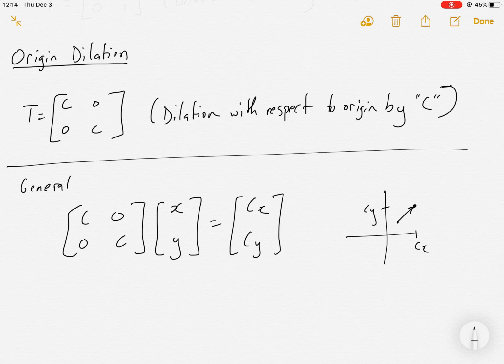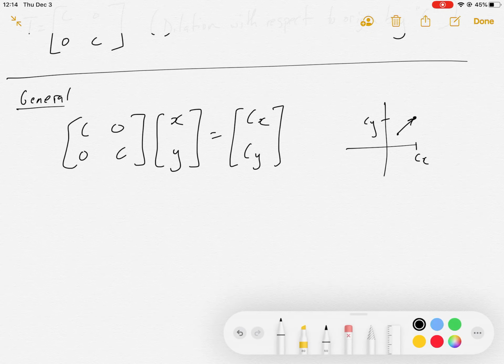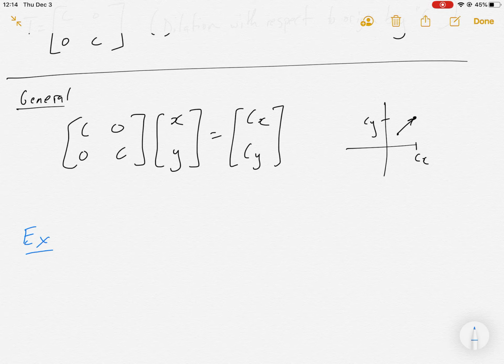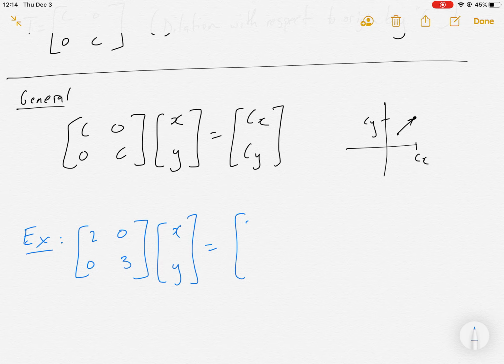You could also do combinations of this. So for example, you could say, let's do 2, 0, 0, 3 times a point. And now the x value only gets stretched by 2, whereas the y value gets stretched by 3. So this would be kind of weird, because if I was over here at, let's say this was (x, y), my x value would go over to here, and my y value would actually get stretched by 3y rather than just 2y.